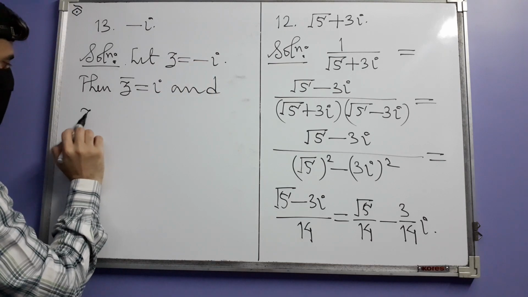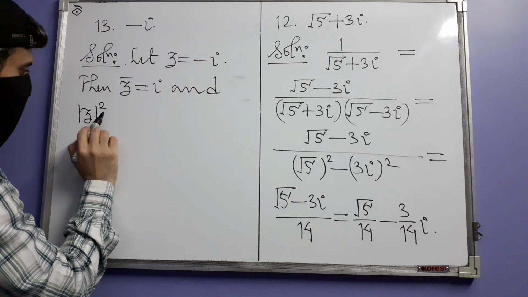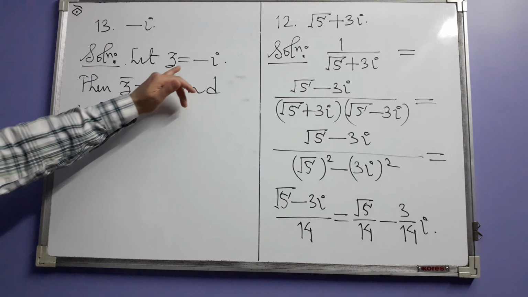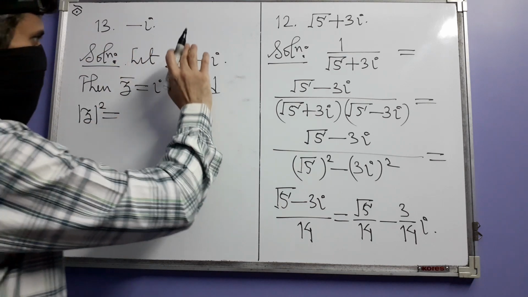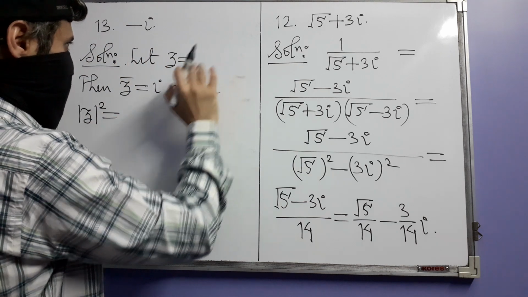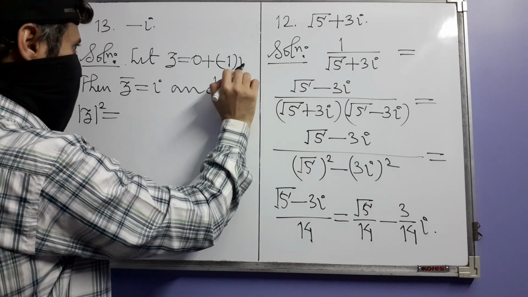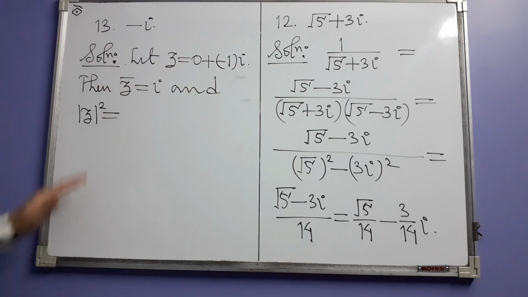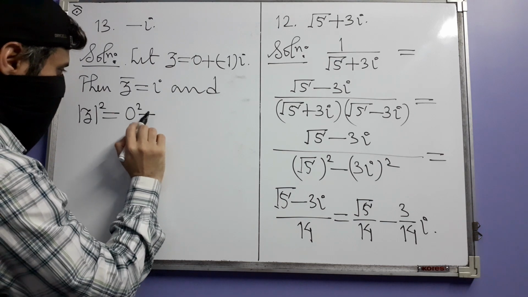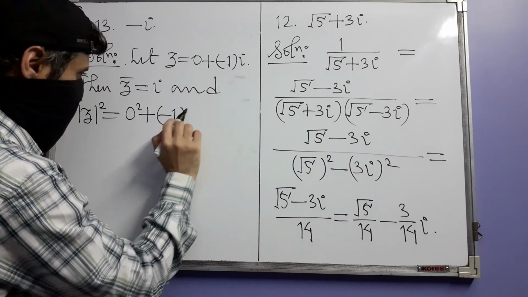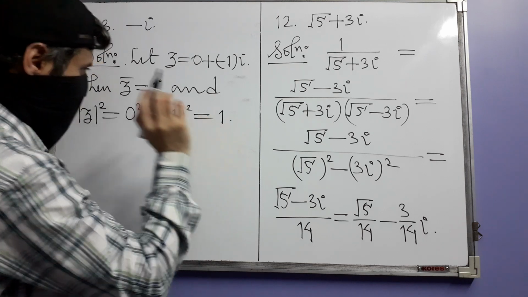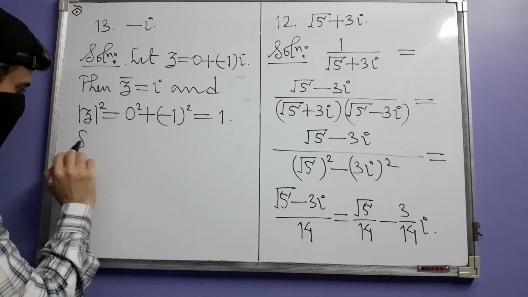And if you write this number in the form a plus ib, it looks like this. So that's why the absolute value of z squared will be this, that is 1.